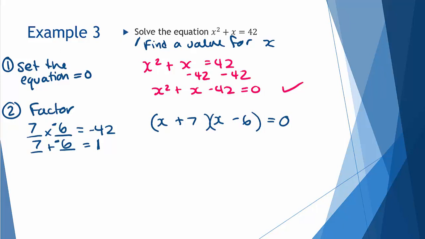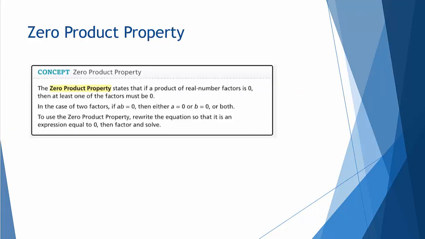The next thing we're going to do is use a product property. It's called the zero product property. And this is going to help us solve the equation. So after we factor it, we use the zero product property to actually solve. The zero product property states that if a product of real number factors is 0, then at least one of the factors must be 0.